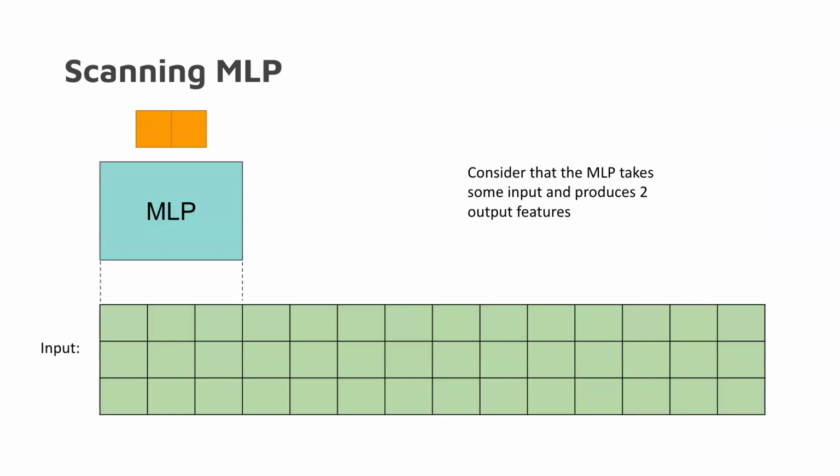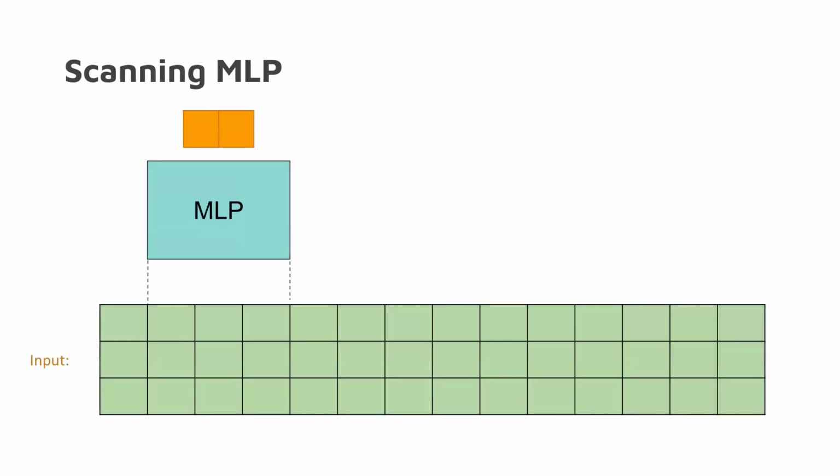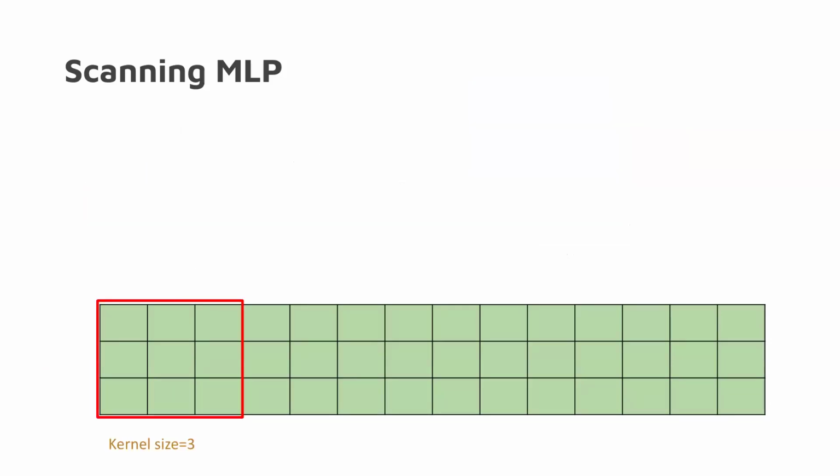Let's assume that it takes the first 3 rows and the first 3 columns. That would be 9 elements. If that is passed to the multi-layer perceptron, then you get 2 outputs. So let's consider that example. Then you move it across the entire input like this. You're going to assume a kernel size of 3.